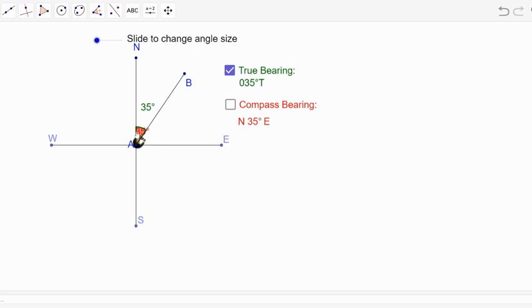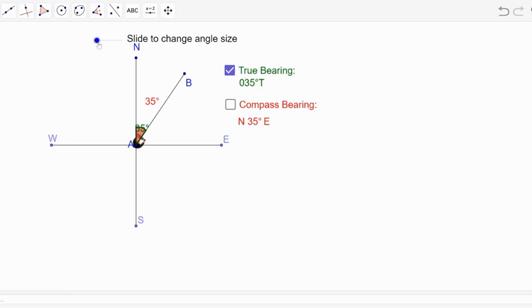That means we took direction north. I'm going to illustrate this in red. And then from north, we move 35 degrees towards east. Compass bearings always refer to either north or south first, and then east and west.